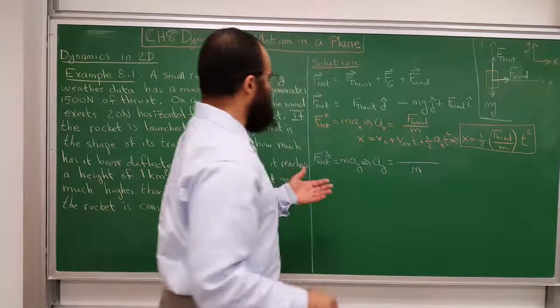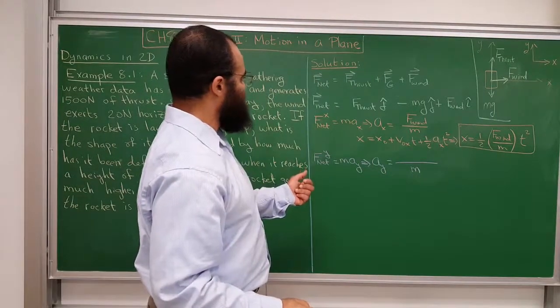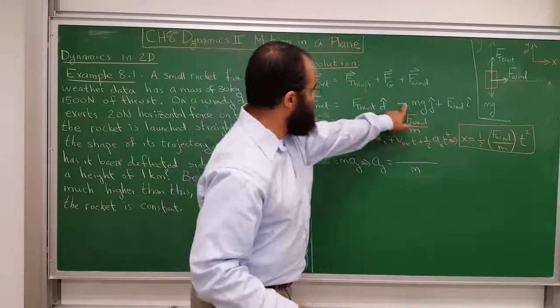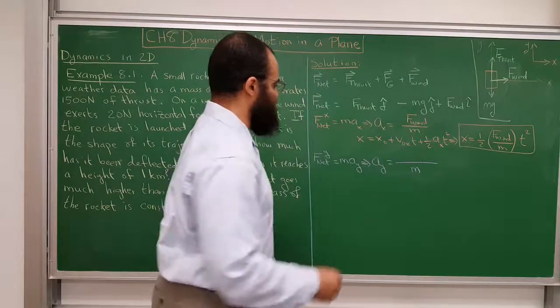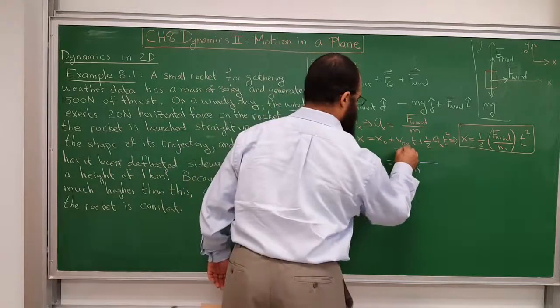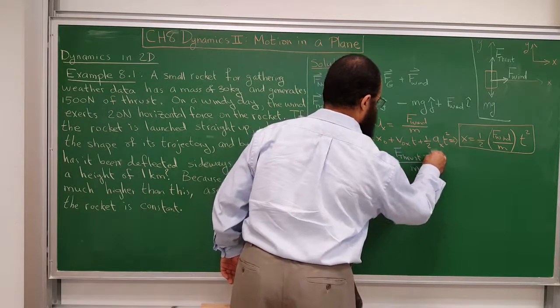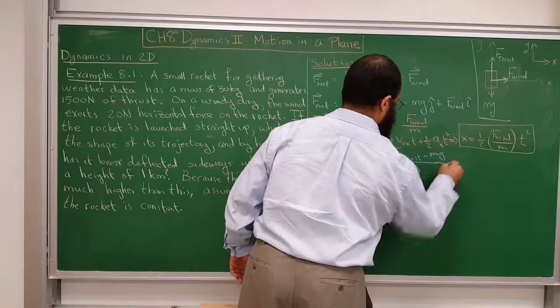The net force in the y direction consists of the force of the thrust in the positive y direction and the mg in the negative y direction. So you get the force of the thrust minus mg.